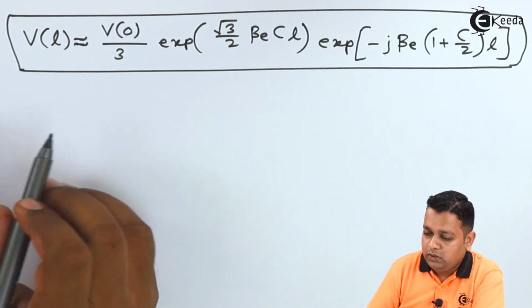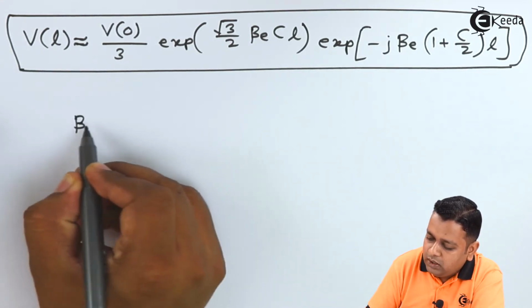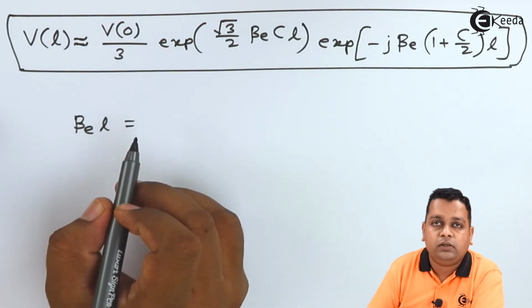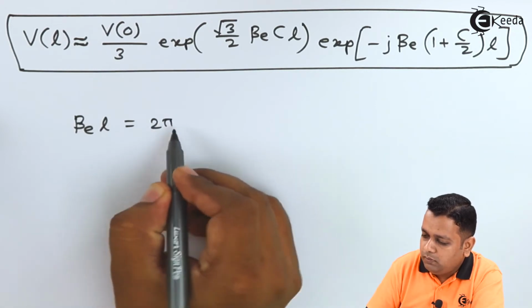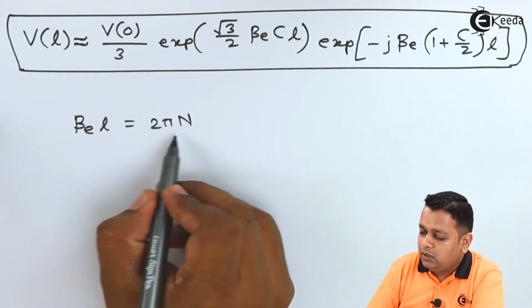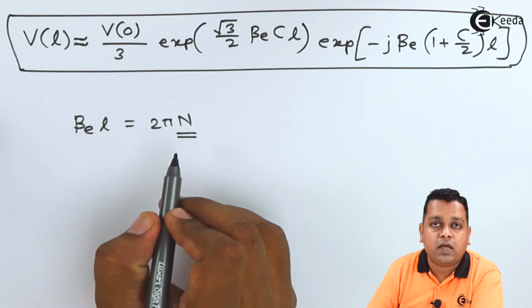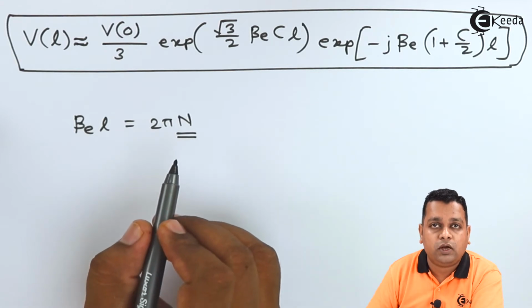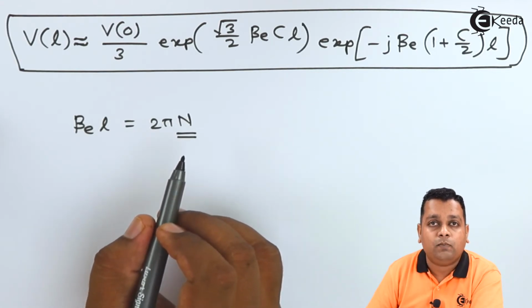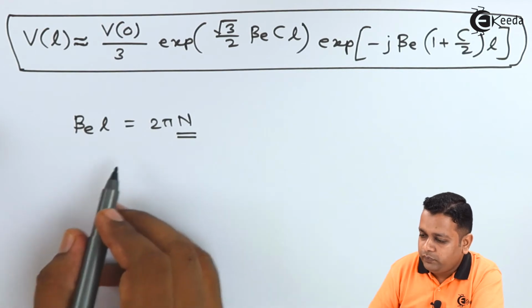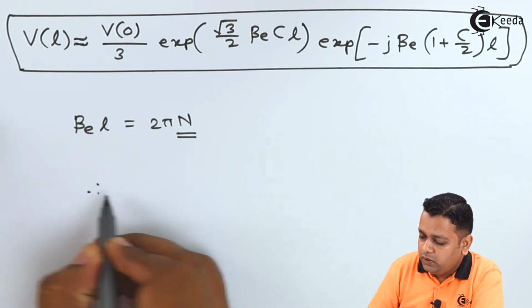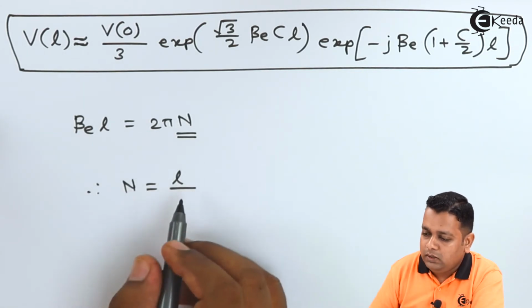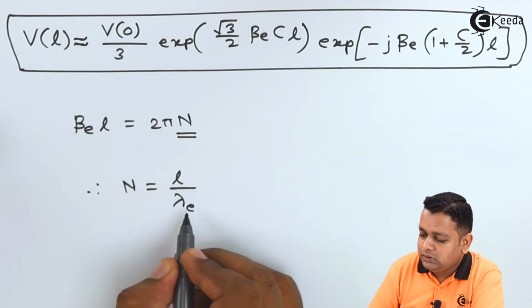So this is really very important. Now in this particular equation, there is a factor beta suffix e into L that can conventionally be written as 2 pi into capital N, where capital N is most of the time termed as the circuit length. Circuit length, or as far as the slow wave structure we have taken to be of helix type, it is the number of turns. And with respect to the wavelength here, we can write capital N will be equal to the length L divided by lambda suffix e here.